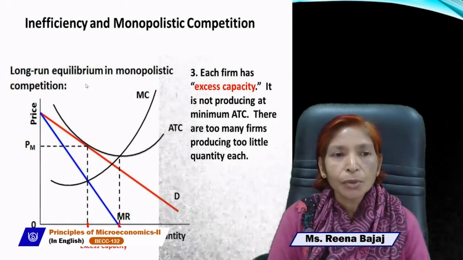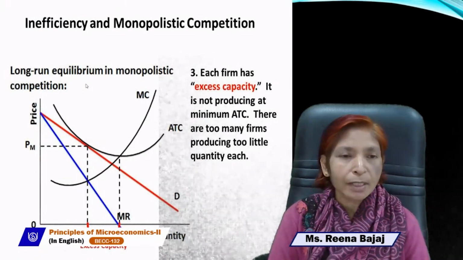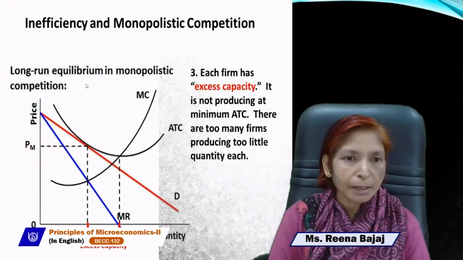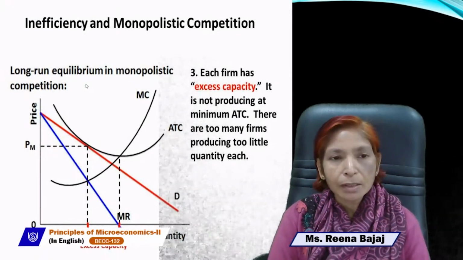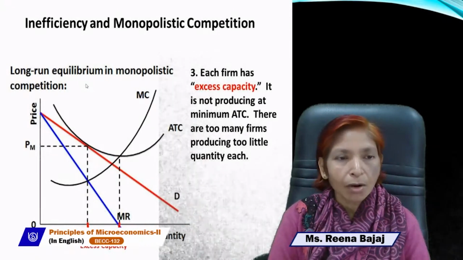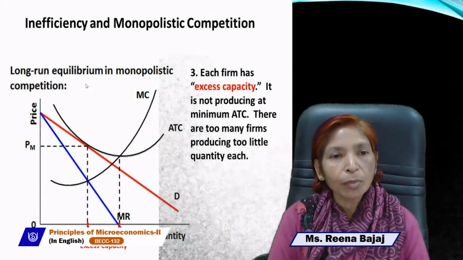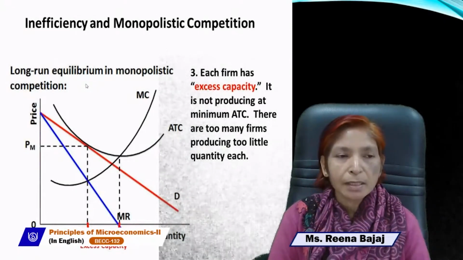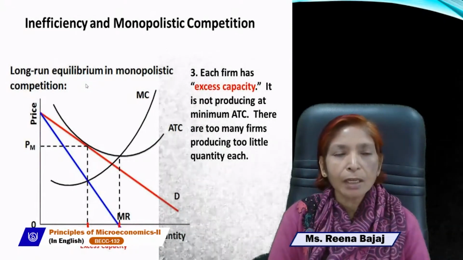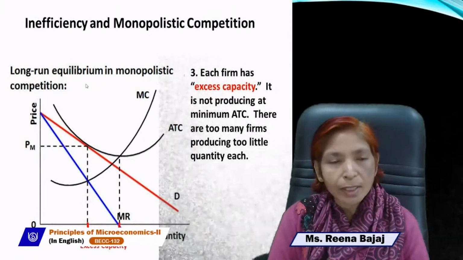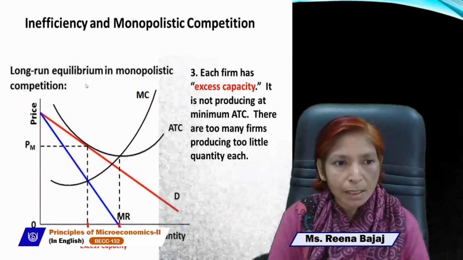In a monopoly market you have studied the deadweight loss concept. Deadweight loss exists due to the inefficient allocation of resources in a monopoly market; the same inefficient allocation of resources also exists in a monopolistic competition market.